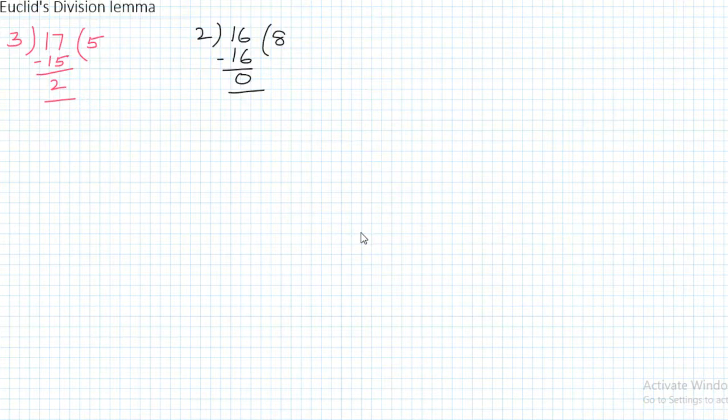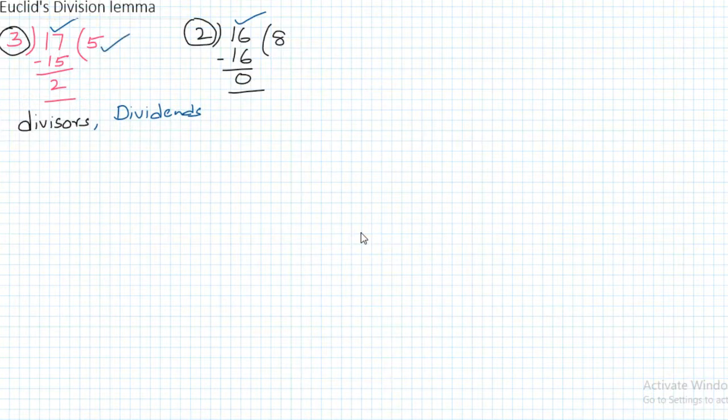So you can recall that you have learned in your primary level that these 3 and these 2 are called divisors. Similarly, this 17 and this 16 are called dividends.